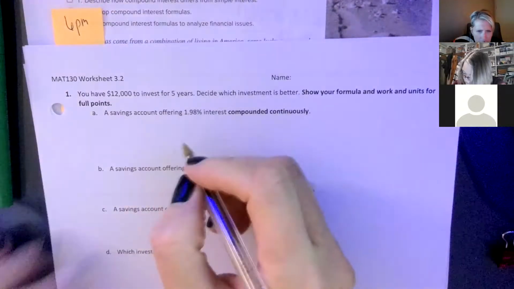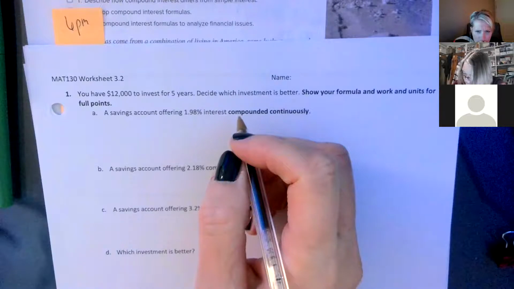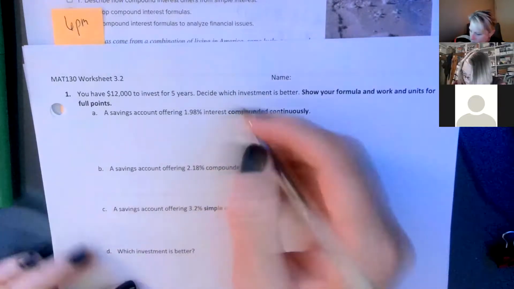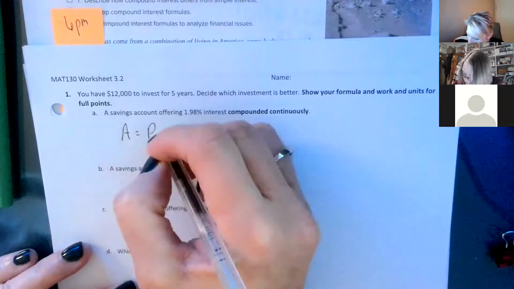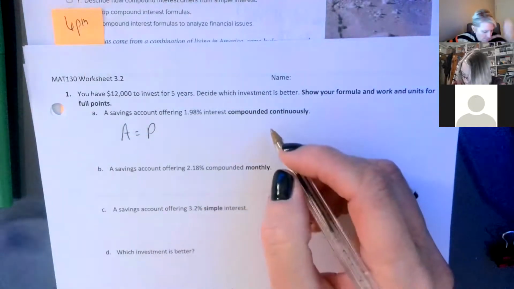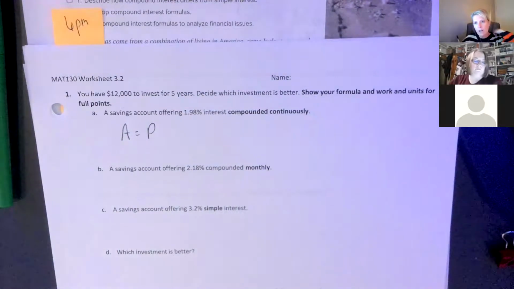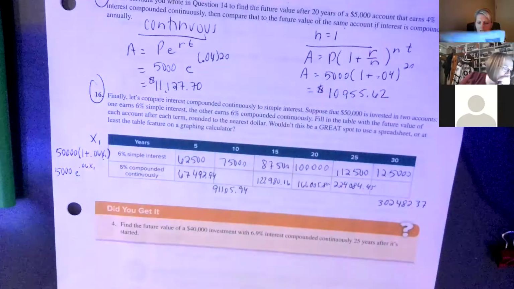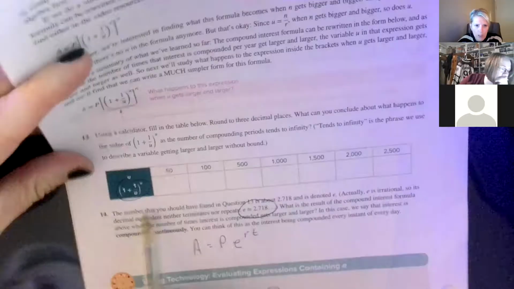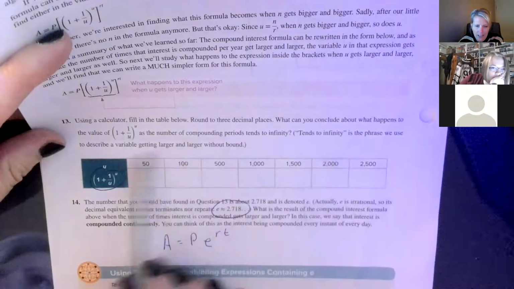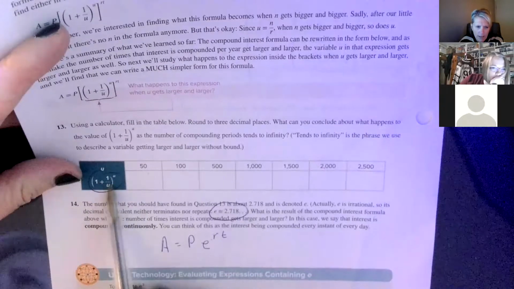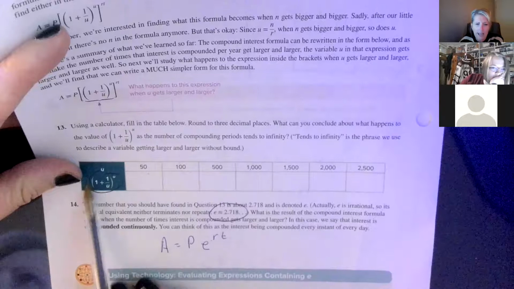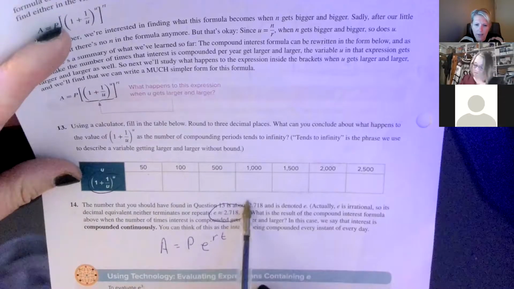You said you had the continuously compounded interest equation, A equals P parentheses 1 plus 1 over U? That's where I think a lot of students are mistaken. I tried to make it clear that what I put in my video is just trying to build the idea that this 1 plus 1 over U to the U is what E really is, close to this 2.718 number.